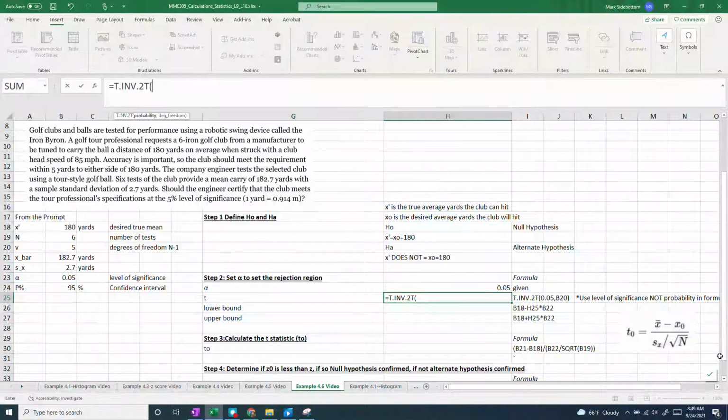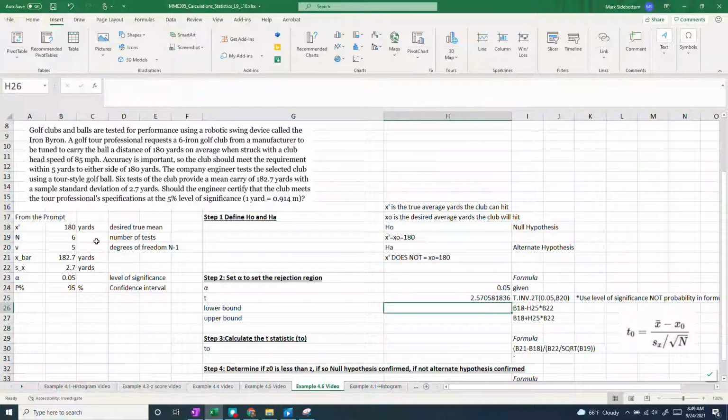The probability in this function is not percent probability, it is the level of significance, so make sure you put in the level of significance. We put in 0.05, and the degrees of freedom is 5, just the number of samples minus 1. We get a t-score of 2.57.